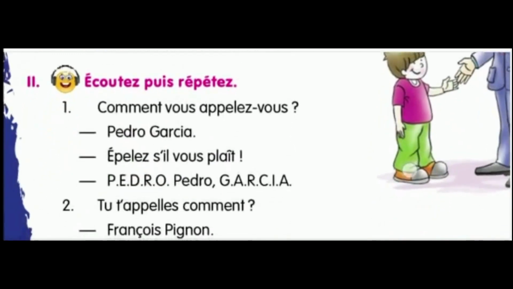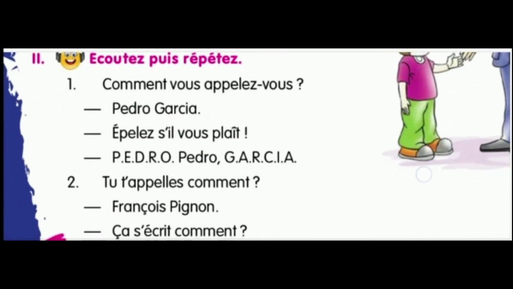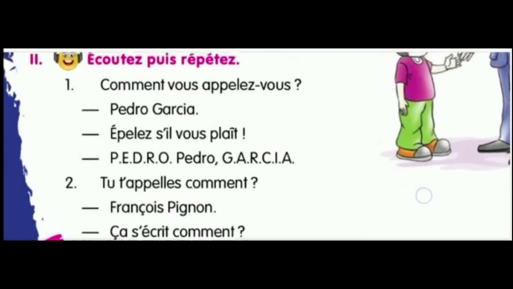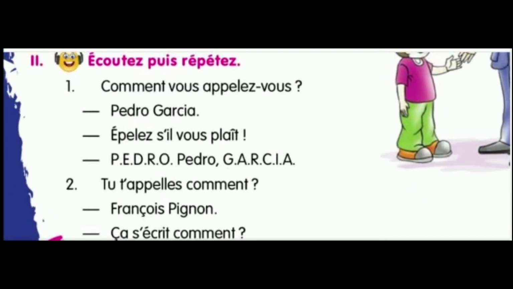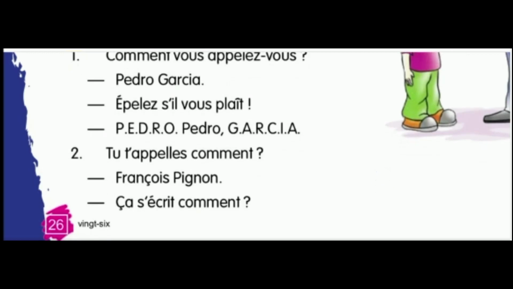L-A-Z-U-R-E. Now going on to the second part, écoutez puis répétez, which means listen and then repeat. Here we have three conversations. First is Comment vous appelez-vous? What is your name? Pedro Garcia. Épelez, s'il vous plaît. Can you spell it?